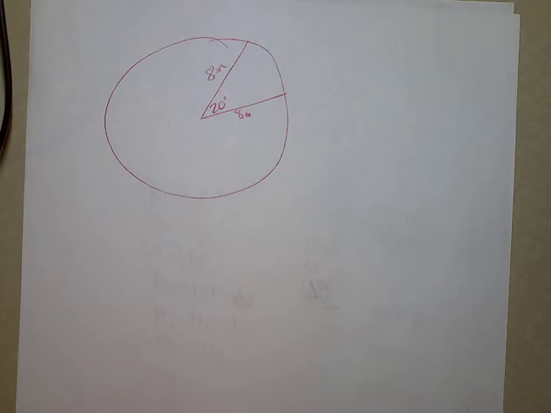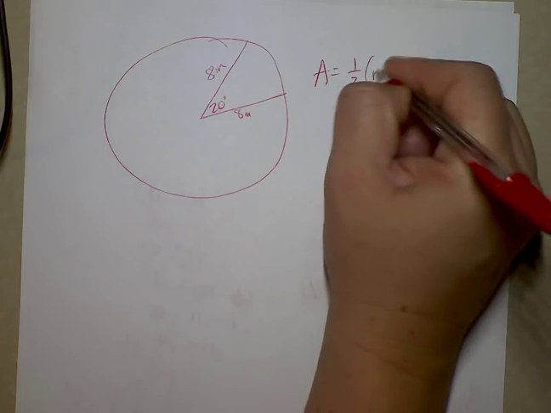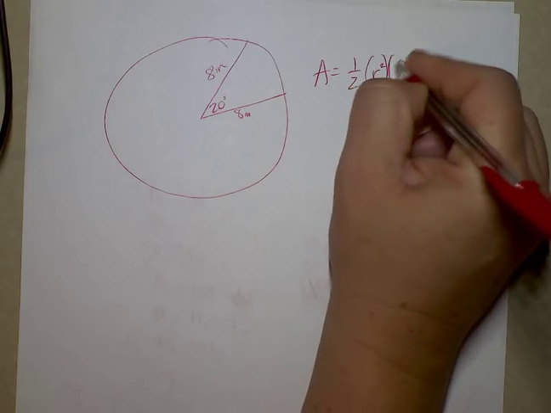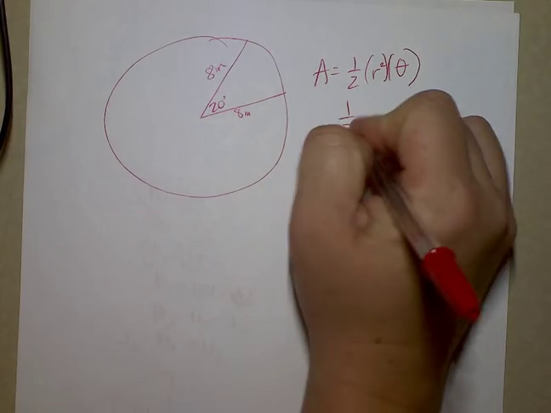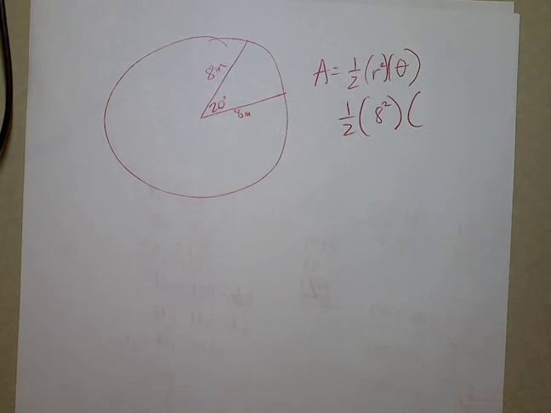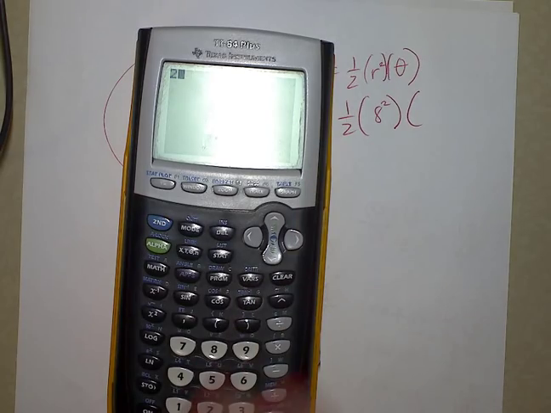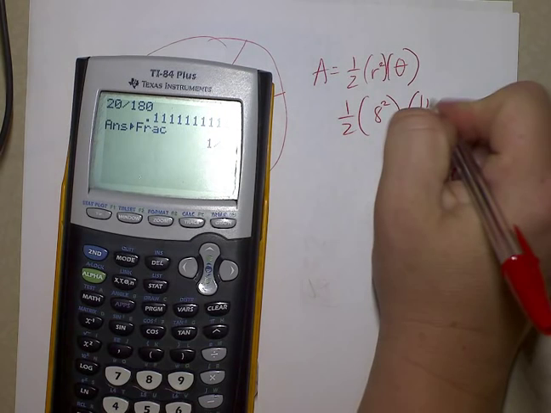What you have to have memorized is area equals 1/2 r squared times the central angle. But your central angle always has to be in radians. So 1/2 times 8 squared. We need to put this into radians, and I get 1 pi over 9.